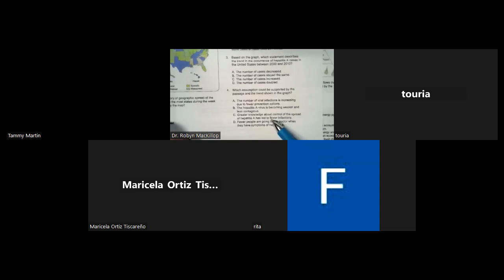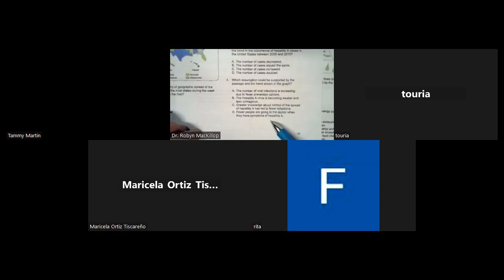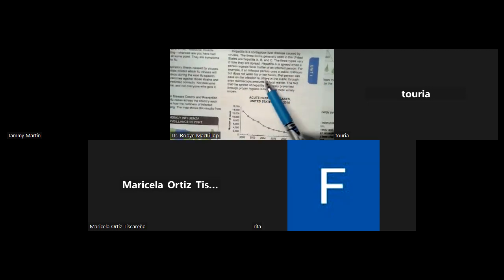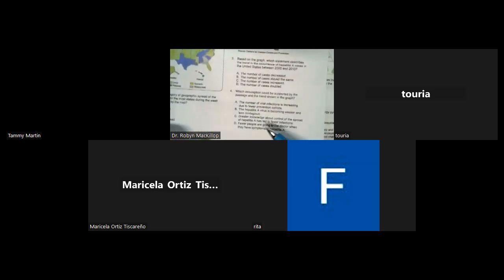Greater knowledge about control of the spread of hepatitis A has led to fewer infections. That's probably true. Fewer people are going to the doctor when they have symptoms. We don't think that's true. Yeah, it's going to be C. Nicely done. And you did not have to read this. Just this was enough information to lead you to the best answer. And 2 of these were no good. So you only had to choose between A and C.